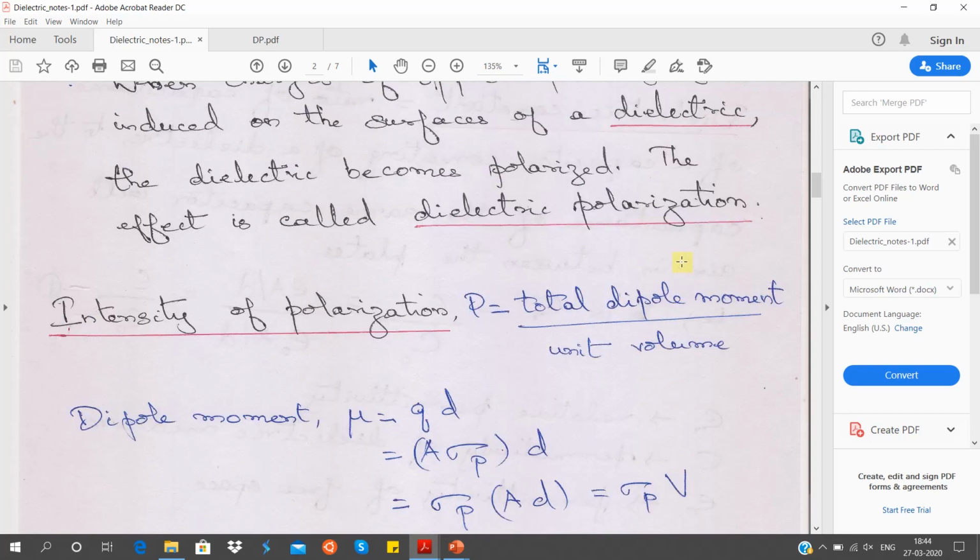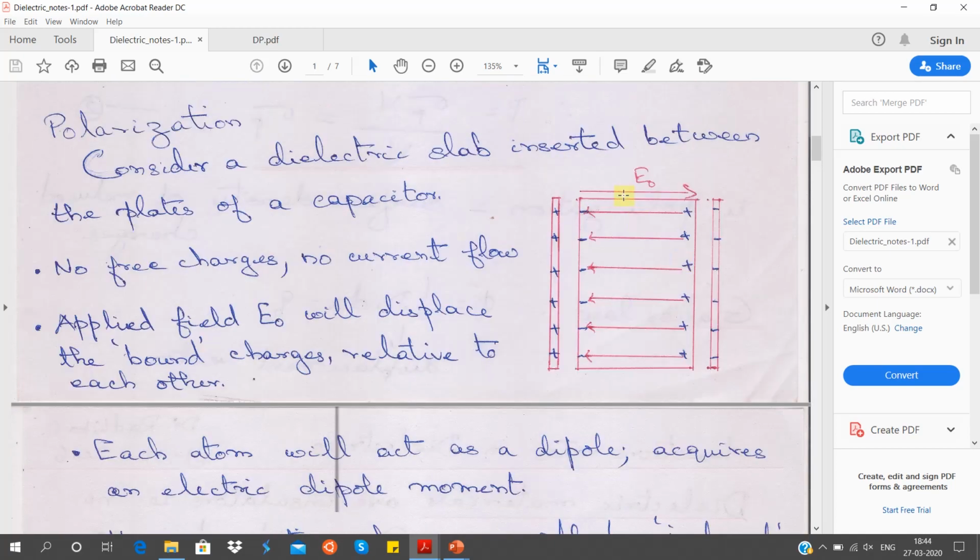Now what we have seen in this figure is many dipoles being generated due to the displacement of bound charges. Many dipoles means a large amount of dipole moment. So n dipoles will result in n times the dipole moment.